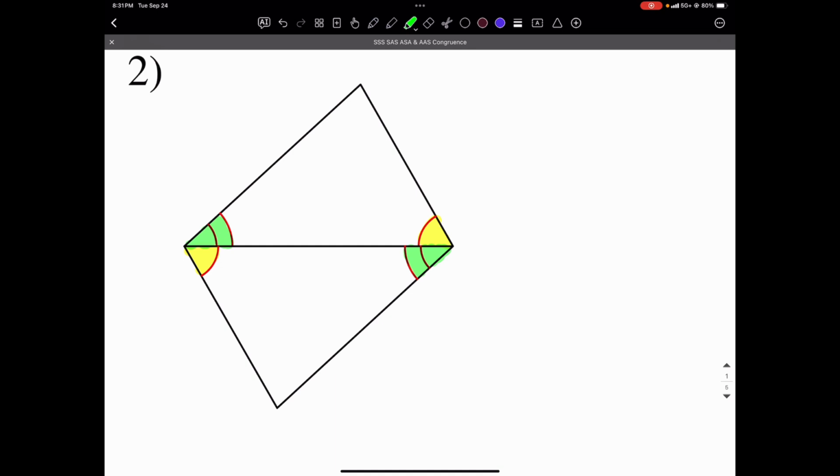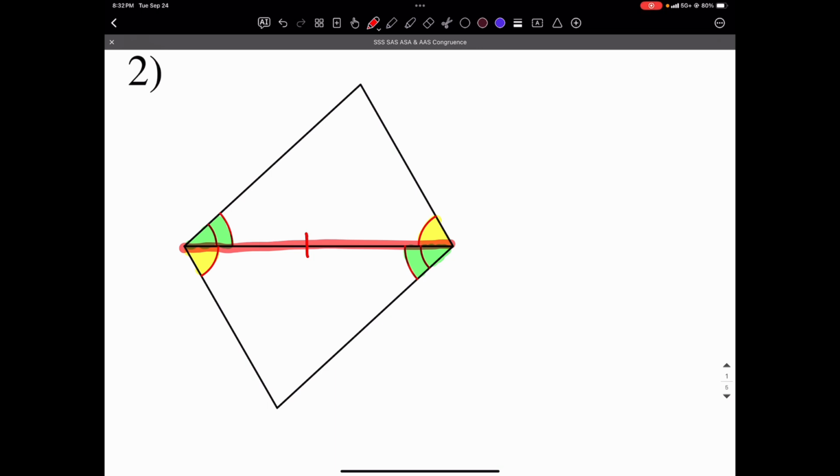There's one other thing you have that's not marked, but we know from the previous problem that this line is congruent to itself. If you wanted to, you can put a hash mark there just to show it. But now you have two angles and a side in between those two angles.